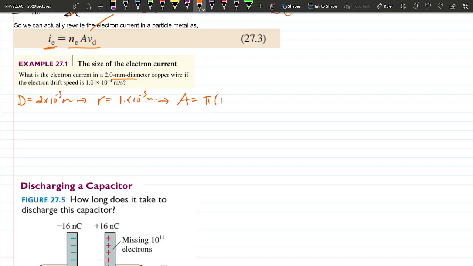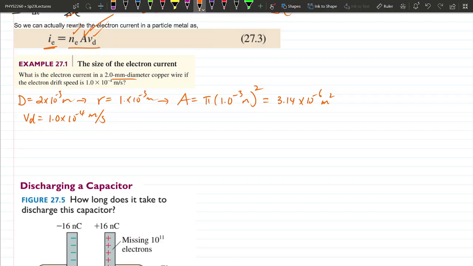So pi times 1 times 10 to the negative 3 meters squared. So that's going to be 3.14 times 10 to the negative 6 square meters. Okay, so right away we got this variable. The drift velocity is given to us, 1.0 times 10 to the negative 4, and that's already given to us in SI units, so nice.